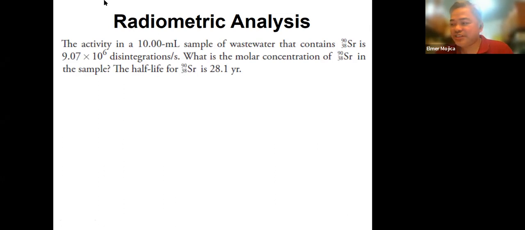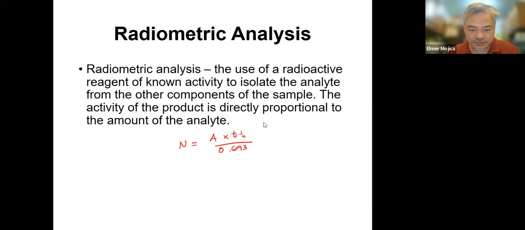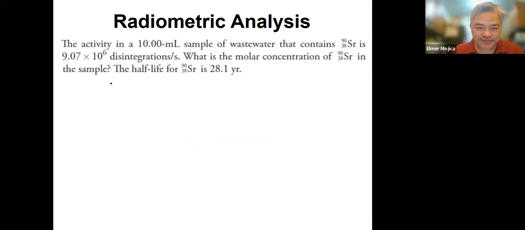Try to solve using the formula that I gave you earlier. So the formula was N equals activity times the half-life over 0.693.